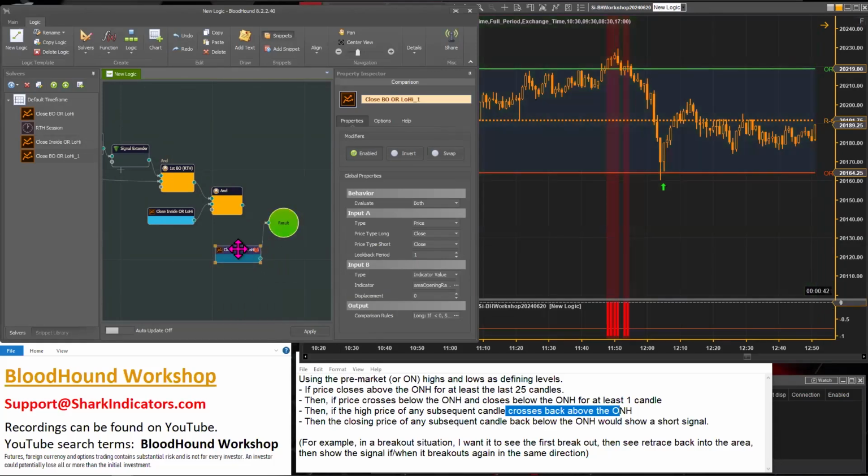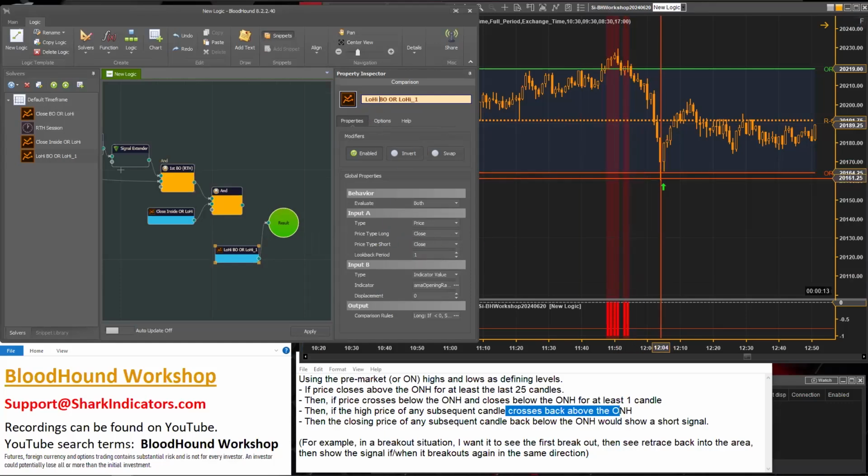Let's connect that in. But this time, instead of it being the closing price, we're monitoring the high or the low, the wicks. So input A needs to be switched over to the low and the high price.